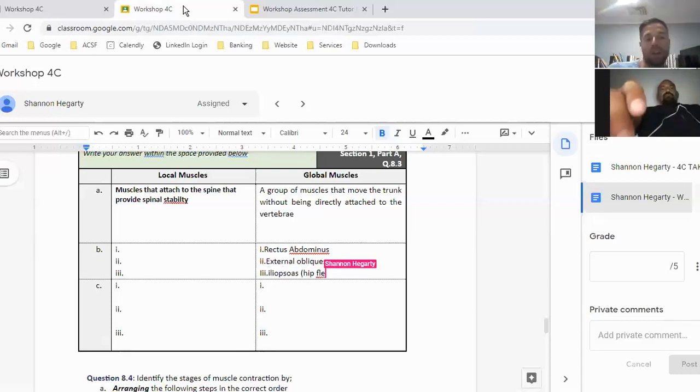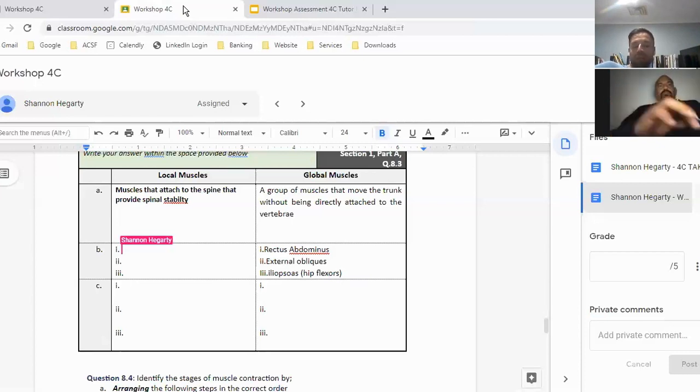Excellent. Okay. So then, what about the deeper muscles? There are three really specific deep muscles that give us the stability in and around our spine. Psoas? No, because the psoas is part of the hip flexor.